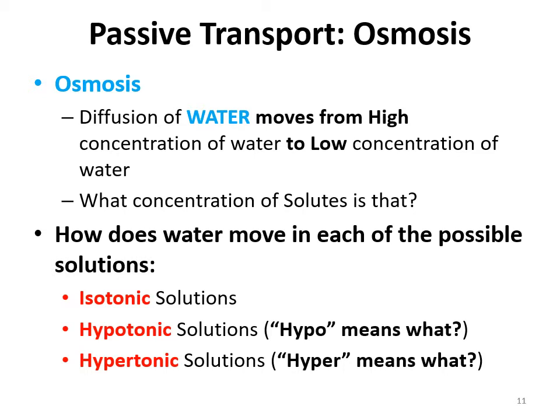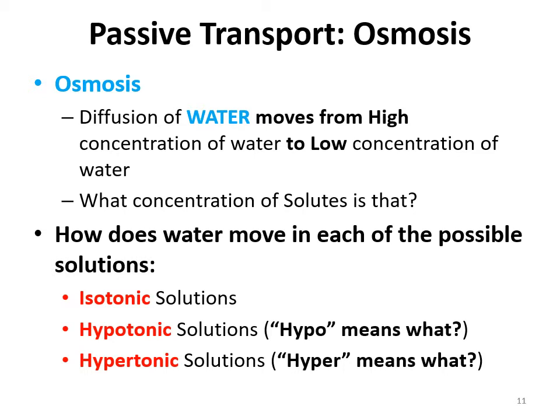When you hear low salt outside, what does that tell you about the water out there? Low solute means high water, right? Because if there's a small amount of salt in that glass, you have space for a whole bunch of water, right? So low or hypotonic solutions means lots of water outside of the cell versus inside.